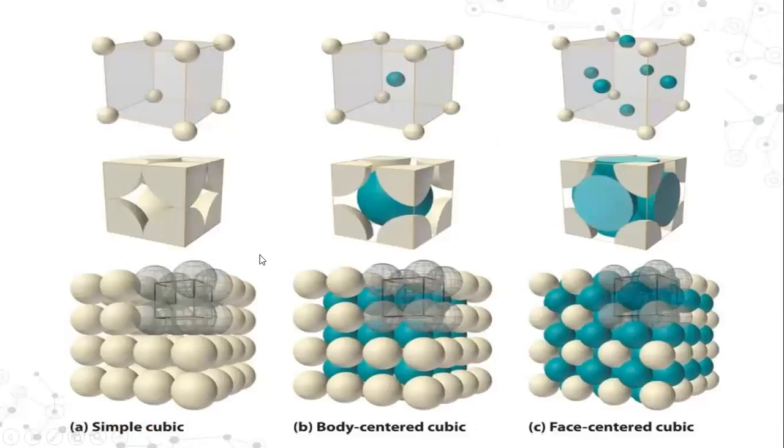So you can see the structures here of the simple cubic, body centered cubic, and the face centered cubic. In the simple cubic structure, there are no atoms present in the faces and the body center. But in the body centered cubic, you see an atom forming in the center of the body.